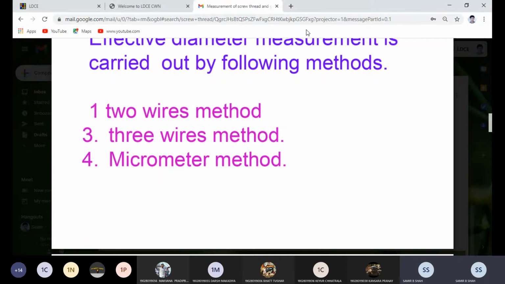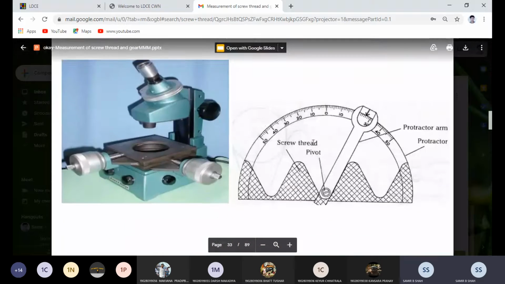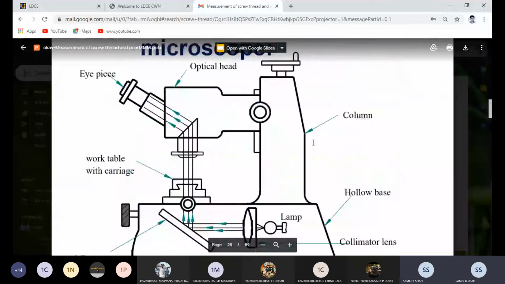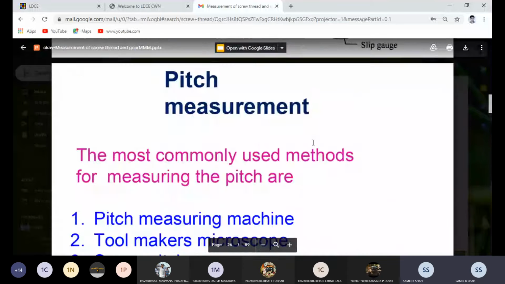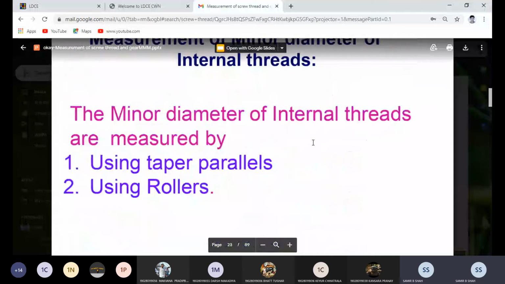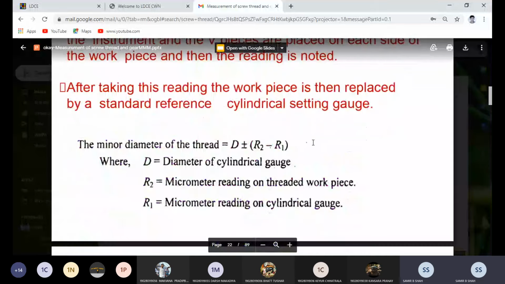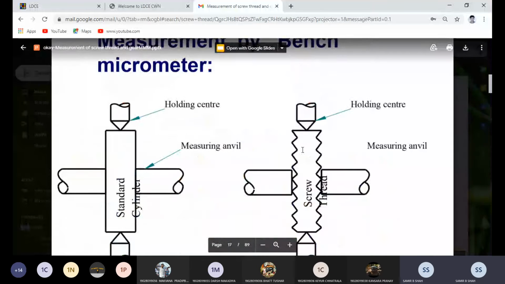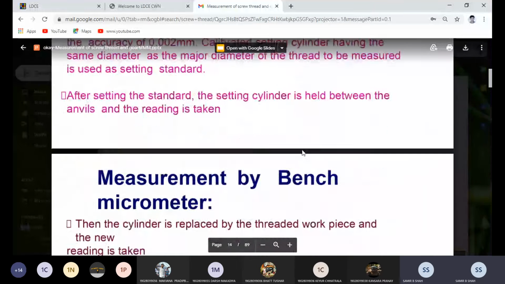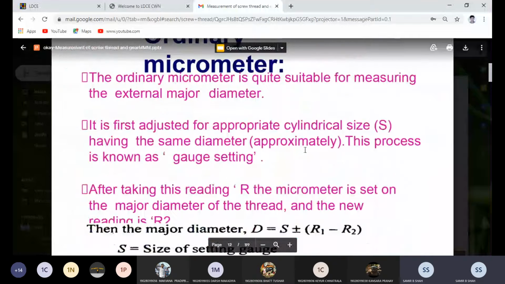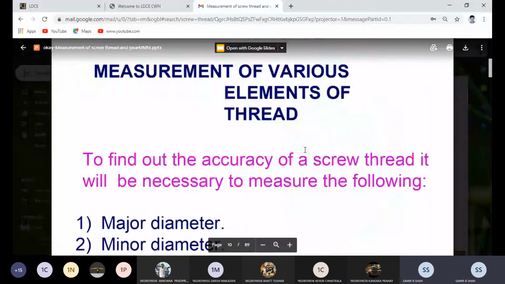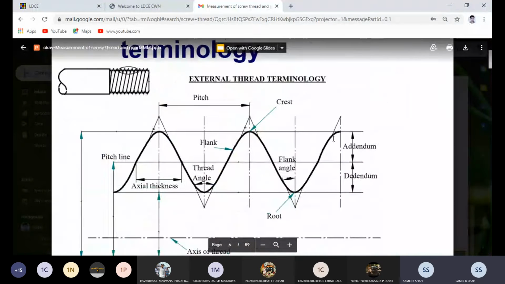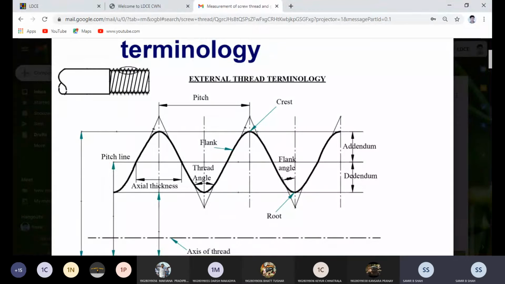If we consider the one wire method, what happens? I will explain with one basic figure of the screw thread. Suppose we have this kind of thread.